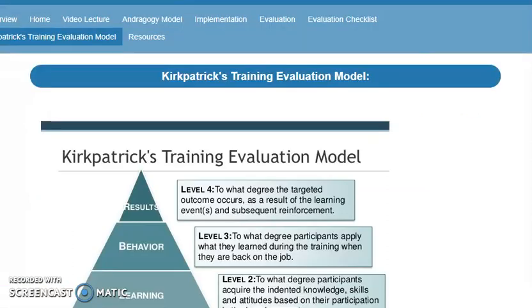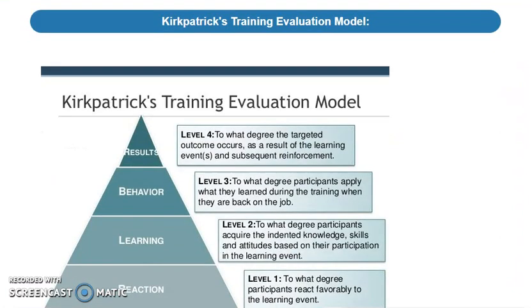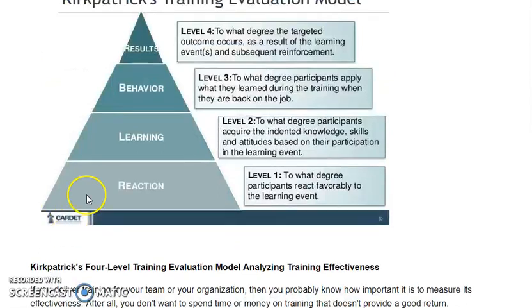A major evaluation model, used more in training and development but which I definitely think can apply to education, is Kirkpatrick's training evaluation model. And with that, there are 4 levels to it. And the whole purpose of this, again, is to measure the effectiveness of training. And as you see here are the 4 levels.